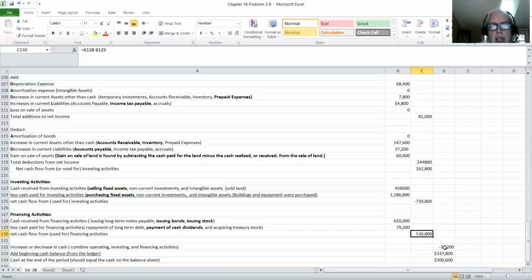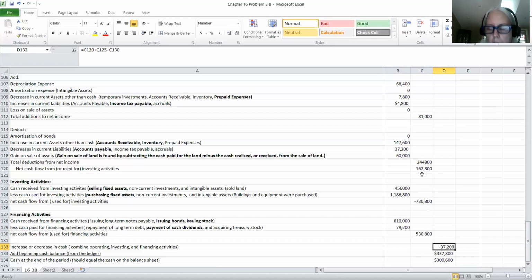To determine the increase or decrease in cash, you would take the total of the investing activities, which is $162,800. You would subtract out the total of the investing activities. Excuse me, this is operating activities.